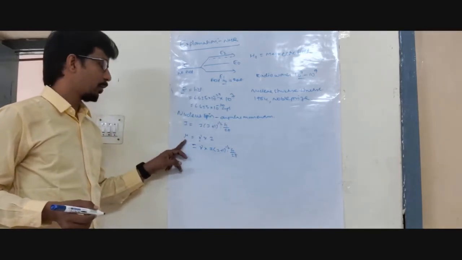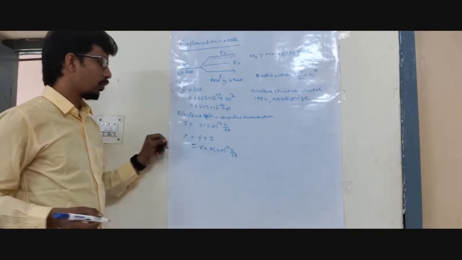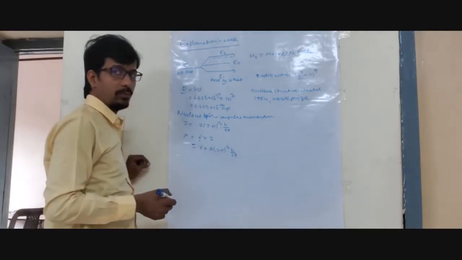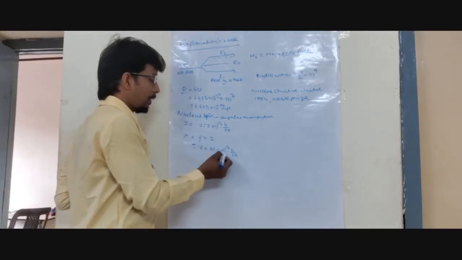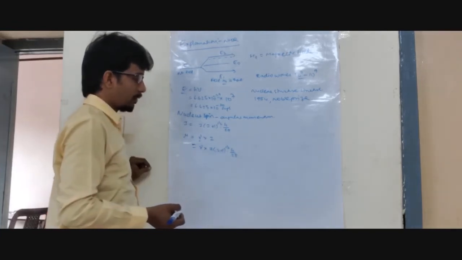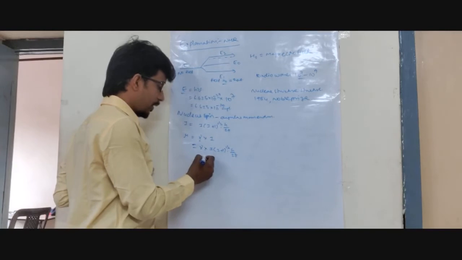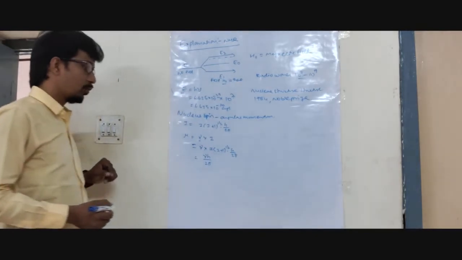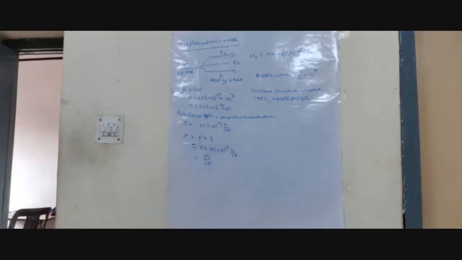Mu is the magnetic moment of the nucleus: gamma into the square root of I into I plus 1, times h by 2 pi. Gamma h by 2 pi is the ratio for any molecule. In what manner are we going to do this? Let us practice. Please note how we will discuss it.